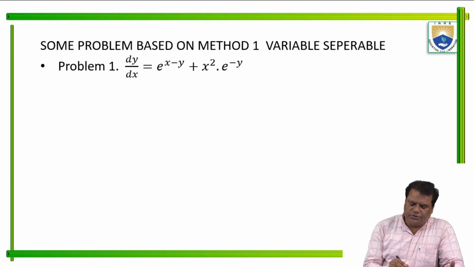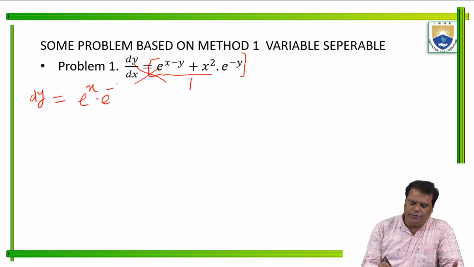So first of all, I cross multiply: dy equal to e to the power x into e to the power minus y plus x square into e to the power minus y, into dx.